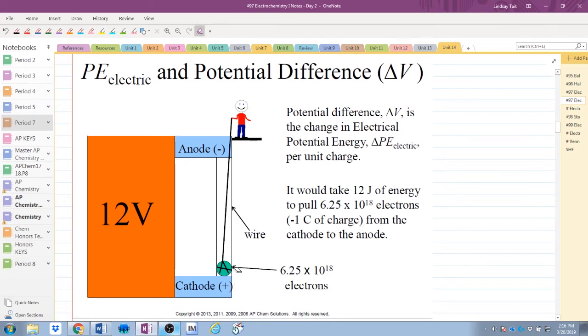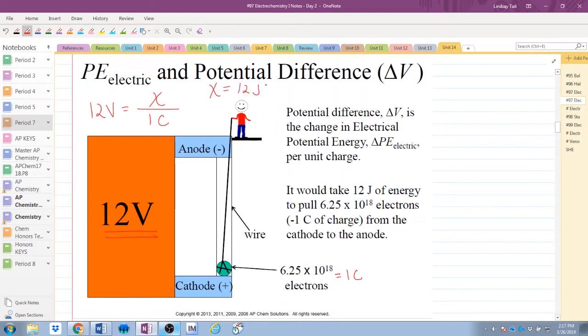If I want to get all of these electrons to the top of the cliff, that is equivalent to 1 coulomb's worth of charge. And in this picture, my battery is 12 volts. So if I think of voltage as change in potential energy per charge, what would my change in potential energy have to be in that equation?